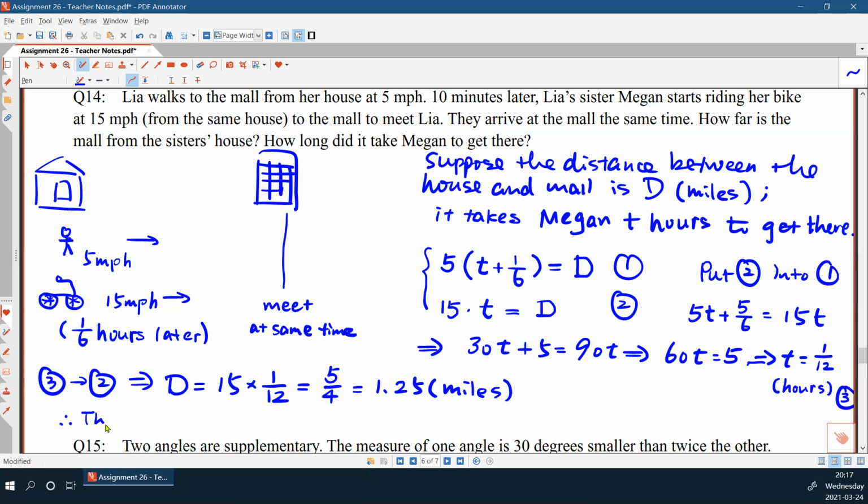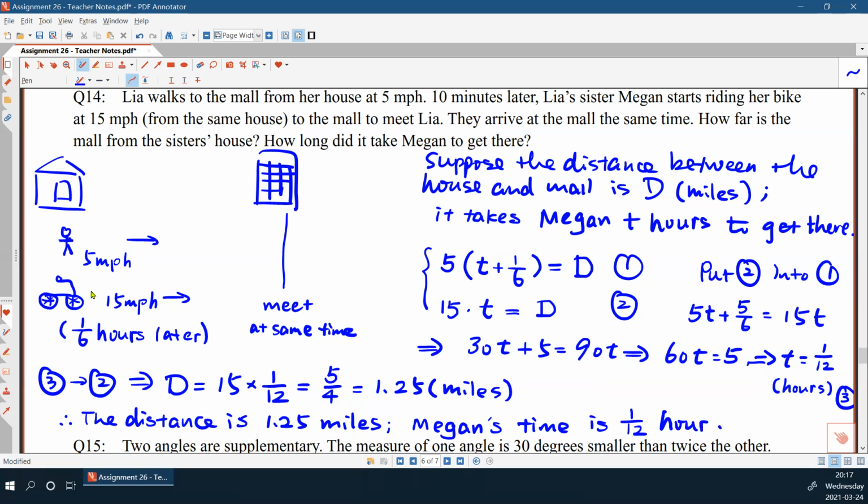The distance is 1.5 miles. Okay, Megan's time is 1/12 hours. Okay.